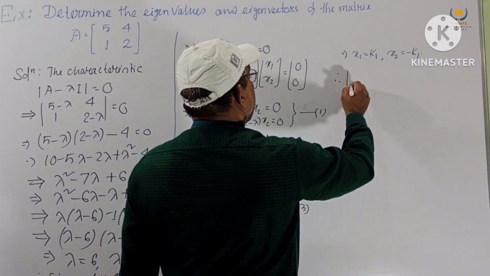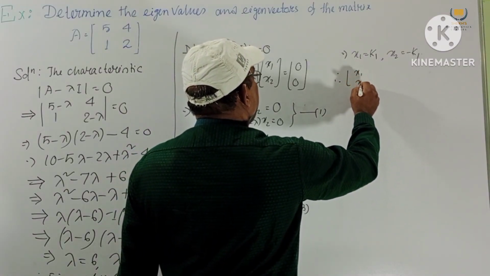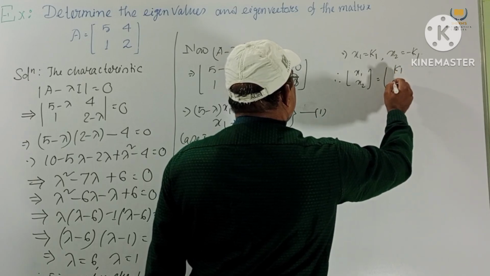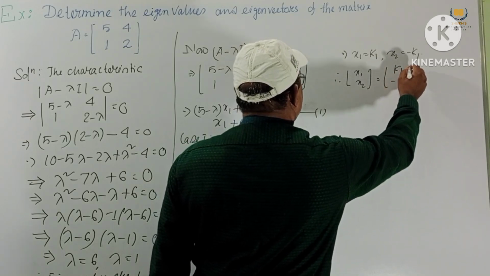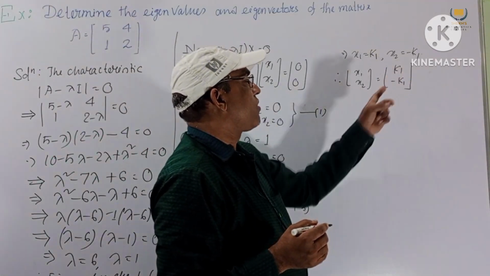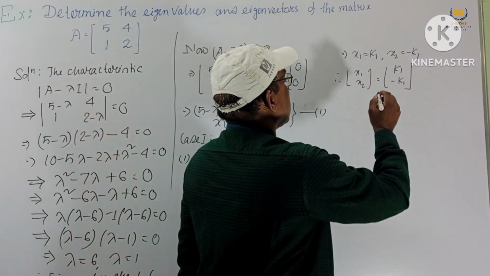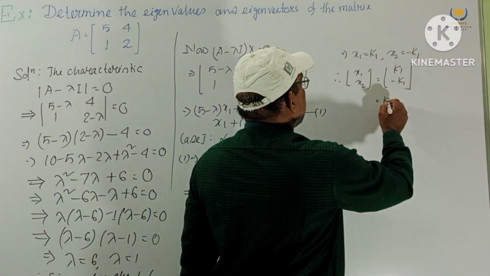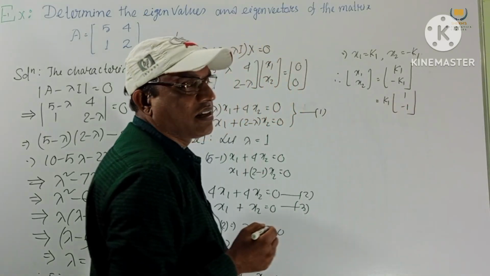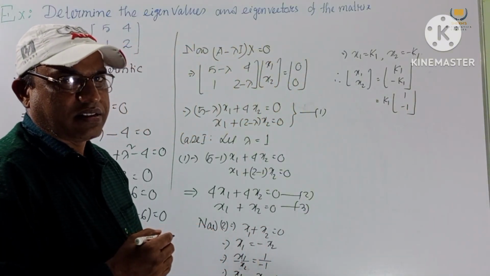Therefore x1, x2 is k1, minus k1. If we take k1 common, we get k1 times 1, minus 1. This is the first eigenvector.